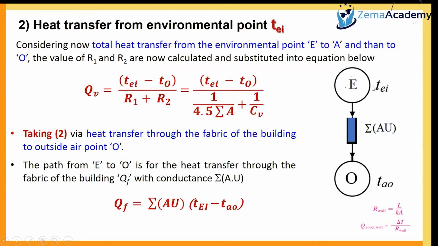So using the same information, you can see over here, any heat transfer from point E to point O will be through the fabric, and because that heat flow will involve resistance, you can see over here the thermal conductance, which is the reciprocal of the resistance that will be faced by the heat transfer from point E to O. Because the process involves conduction, you can see the fabric heat loss is thermal conductance times delta T. The thermal conductance you have just calculated in your first example: area times thermal transmittance for each of the surfaces involved within the space, or the surfaces that you are considering for the heat loss.